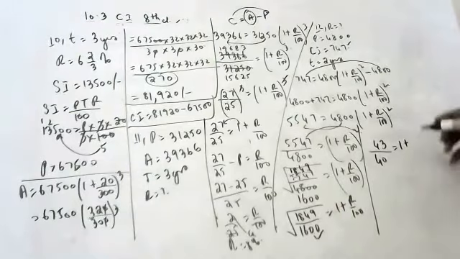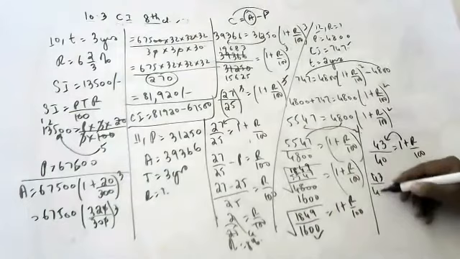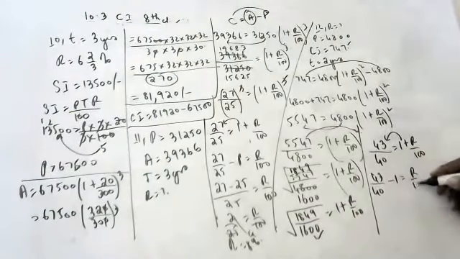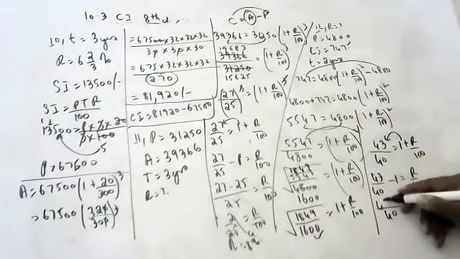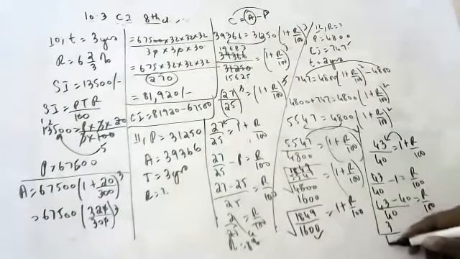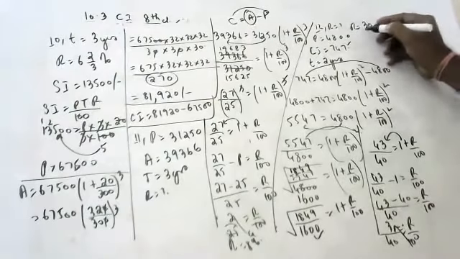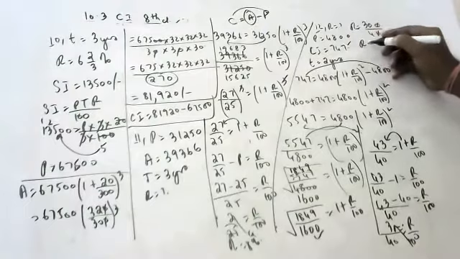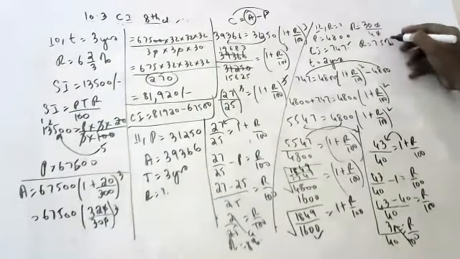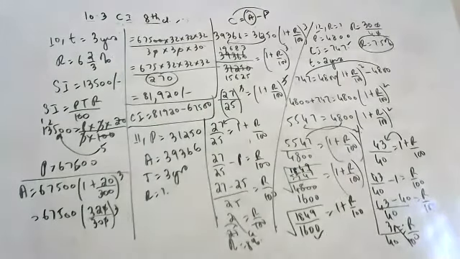Rishikesh wants to check 43 into 43. Sir, it is 1,849. Okay. 43 minus 40 is equal to r by 100. So 3 by 40 is equal to r by 100. So 7.5% is the rate of interest.